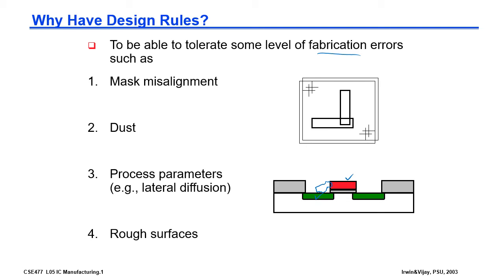So if let's say we have some roughness here, if you polish this, it will give you a flat surface. But if you are not polishing this correctly, when you layer it with another layer, then you will actually bump another layer like this. So you do not want this. It will affect the process. So this is one of the contributing factors of errors in fabrication, which is the rough surface.